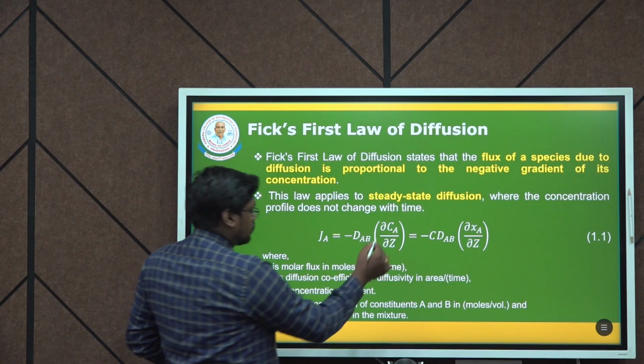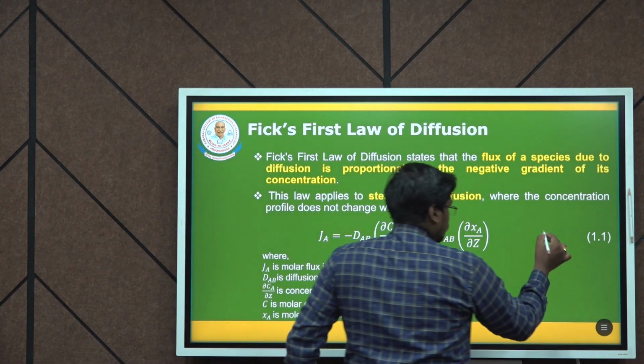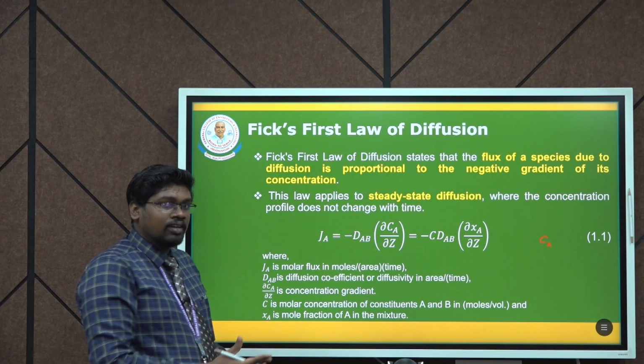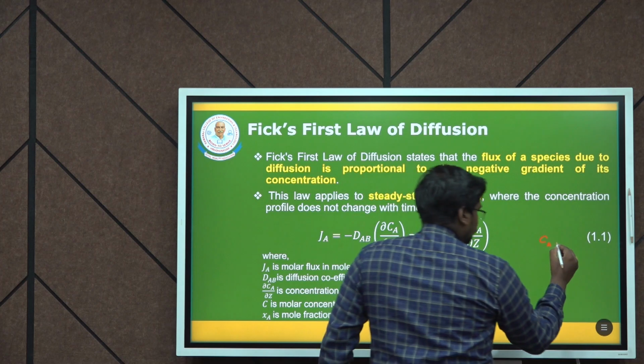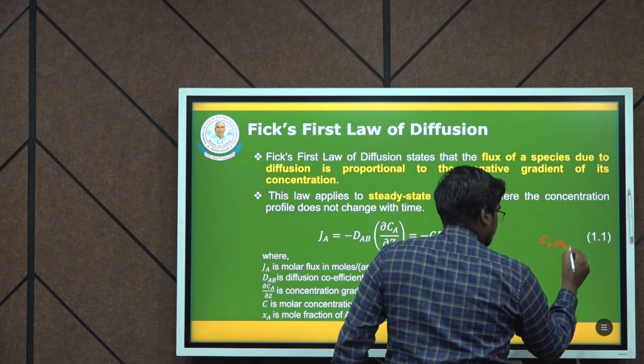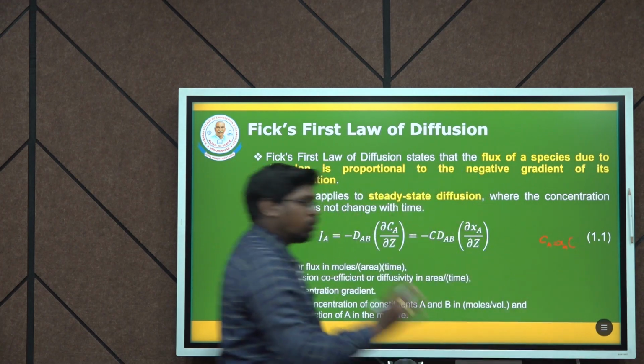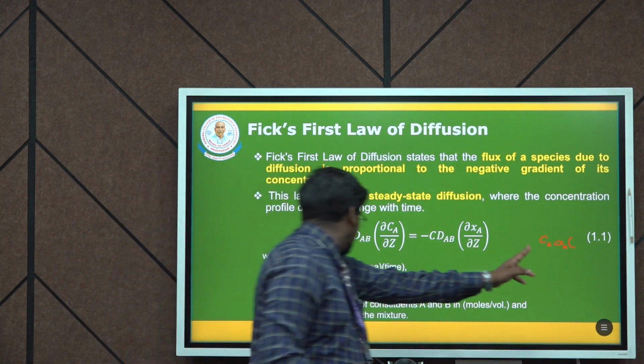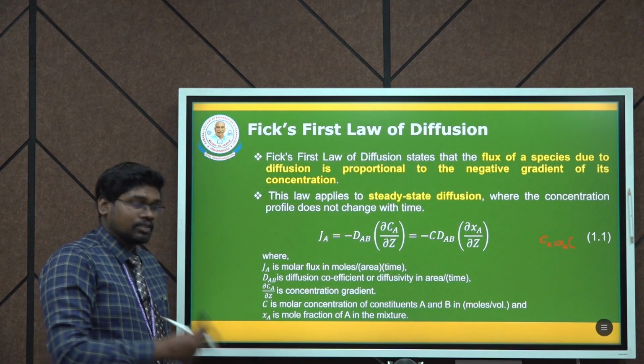This ∂CA is the concentration of the species A. CA can be given as CA = XA into C. C is the total concentration of the species that is present, and XA is the mole fraction of A that is present in the mixture.